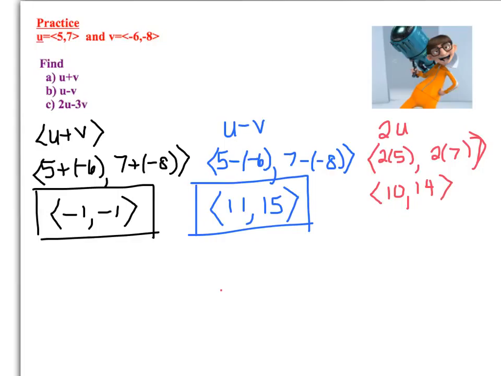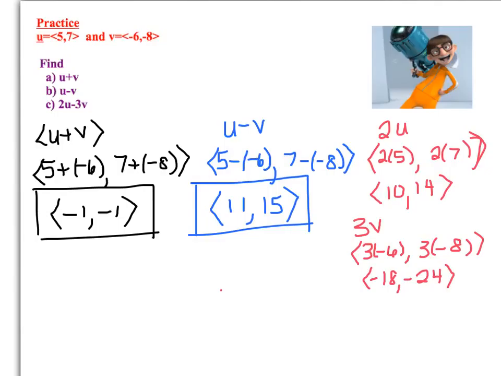Then I want 3 times vector v, which means 3 times -6 and 3 times -8. When I get that, I will simplify it down to (-18, -24).